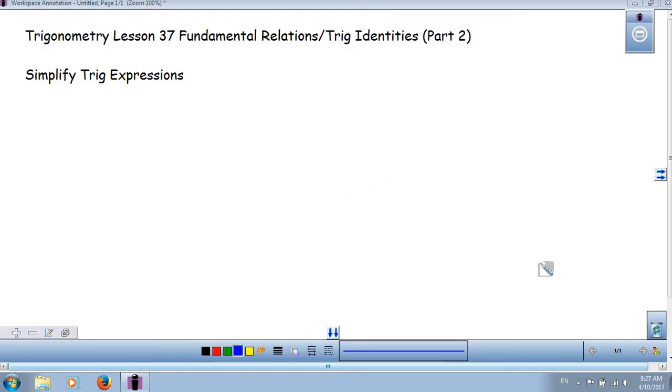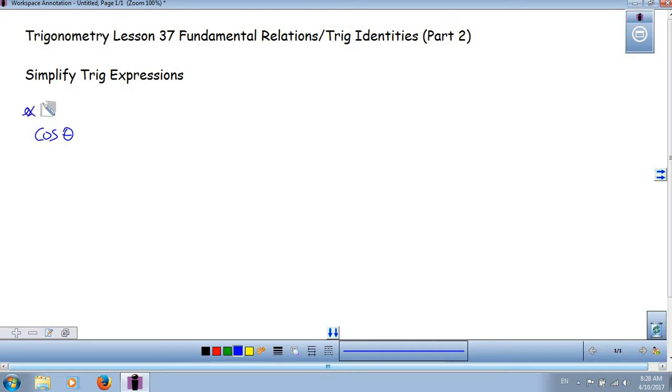Alright, so first of all, let's look at some examples. Let's say we have cosine theta. How can we express cosine theta in terms of sine theta? I'm going to write this down.